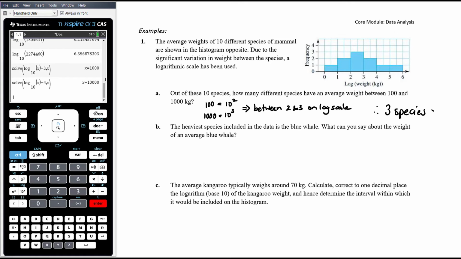The heaviest species included in the data is the blue whale. What can you say about the weight of an average blue whale? Okay, so we can see that there's one species up here, and that's the heaviest one, so that must be the blue whale.